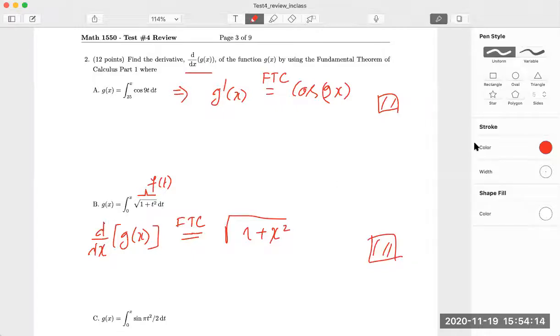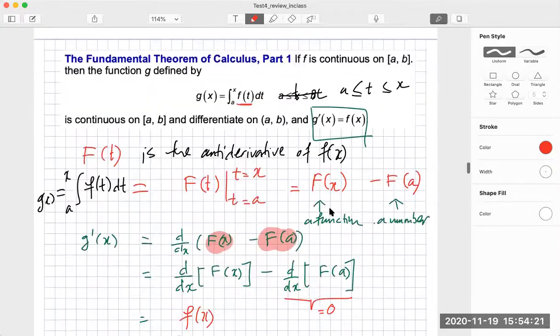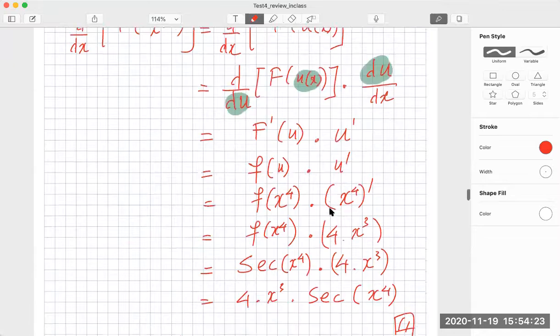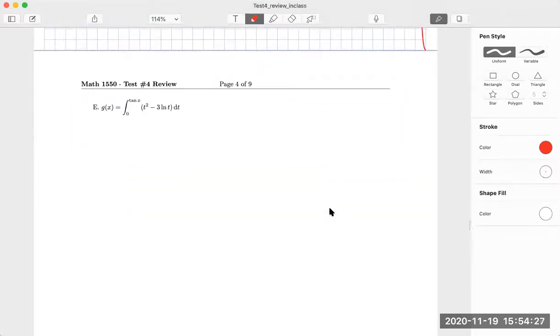Very good. Okay. Let us continue, right? Now we've done B, C, D, A already. Now let us do the number E, right? So let us determine it clearly here. This is the function f of t here, okay? And the upper bound here is a function of x. Very well.